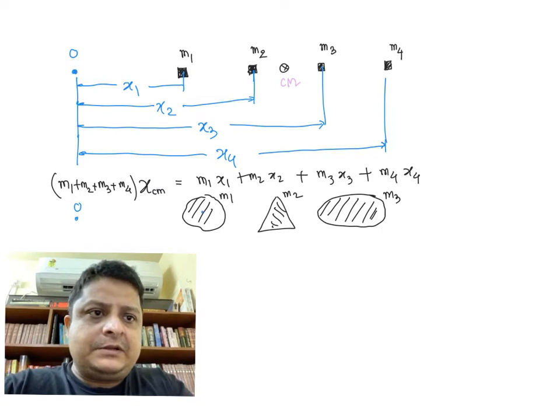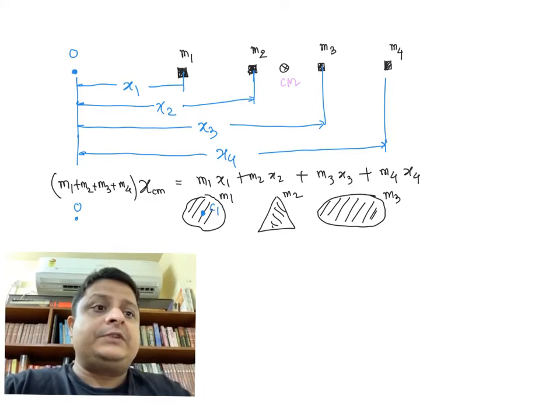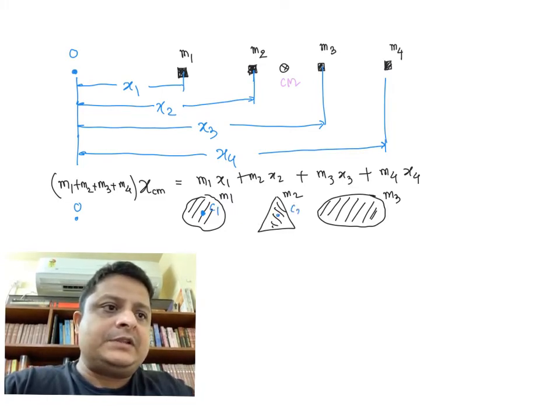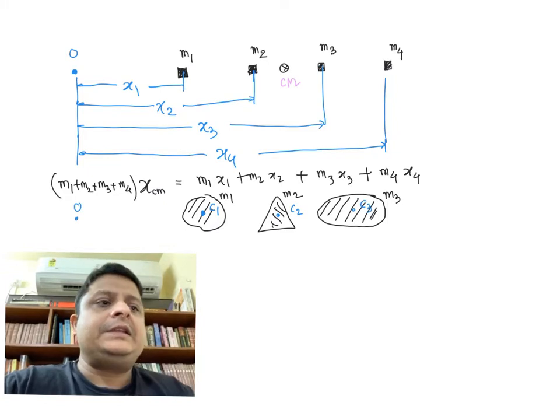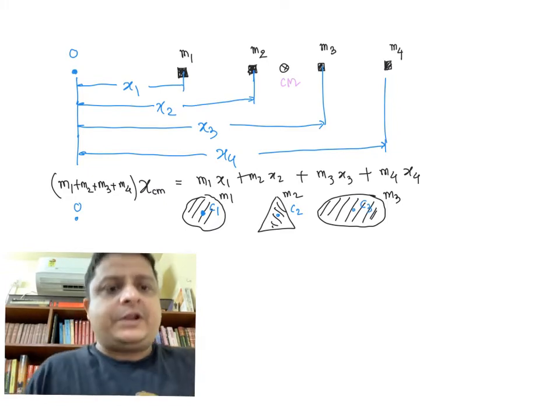Here you have to locate the respective center of mass of these bodies. Suppose C1, C2 and C3 are the centers of mass of the bodies M1, M2 and M3.